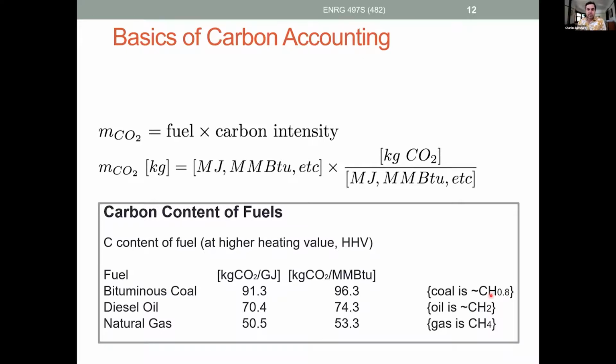And then CO2 you get as a result of combusting carbon. So the higher the carbon to hydrogen ratio, the more carbon intensive, CO2 intensive that fuel is. Natural gas has a 1 to 4 carbon to hydrogen ratio, and so it's much less carbon intensive than coal, which has a near 1 to 1 carbon to hydrogen ratio.